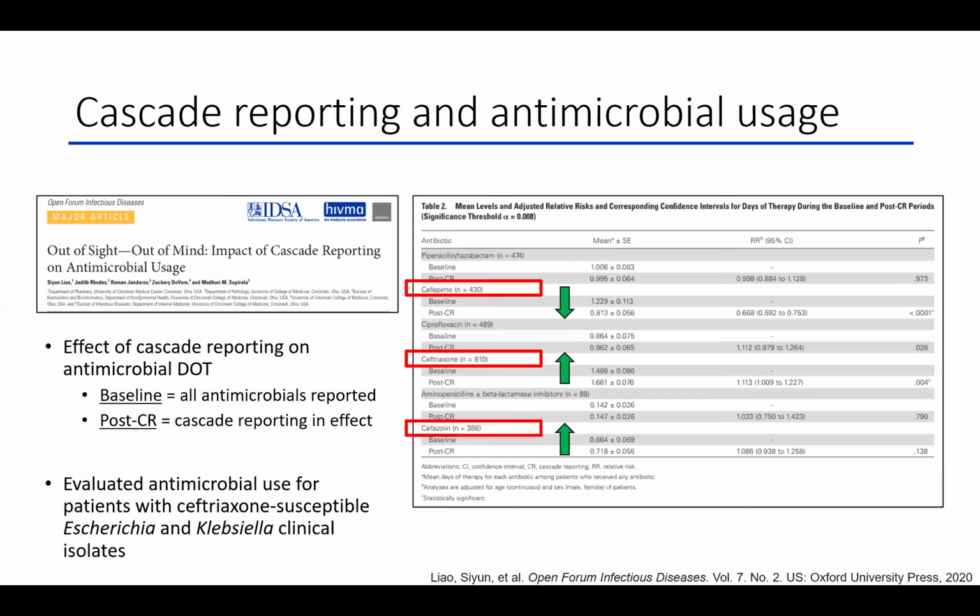I believe these are days of therapy that they were looking at. And our narrow spectrum antimicrobials went up. So ceftriaxone, which would have been reported, went from 1.4 to 1.6, and cefazolin went from 0.6 to 0.7. So that makes sense. We're decreasing broad spectrum antimicrobial use and increasing narrow spectrum use.